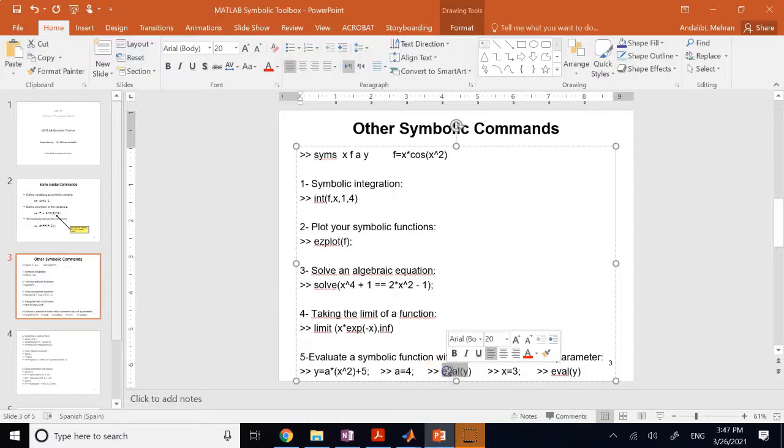Another command that I mentioned, and I would like to talk about a little bit, is called eval. Eval is to evaluate. Remember, we used eval somewhere. Anybody remember? We used eval, I guess, last session.